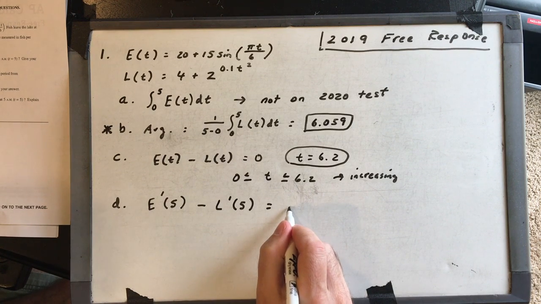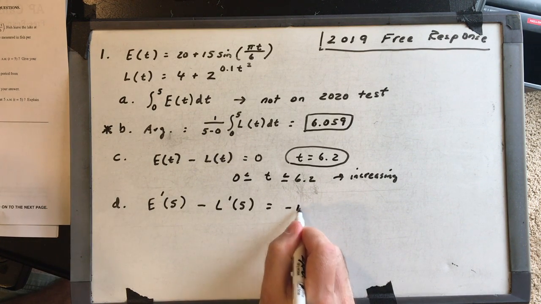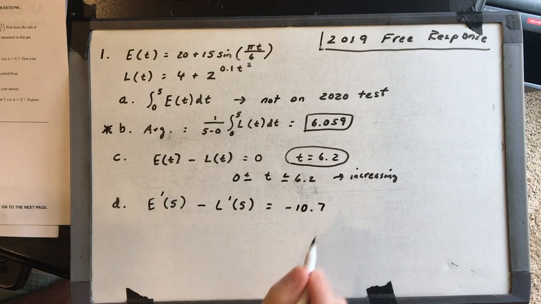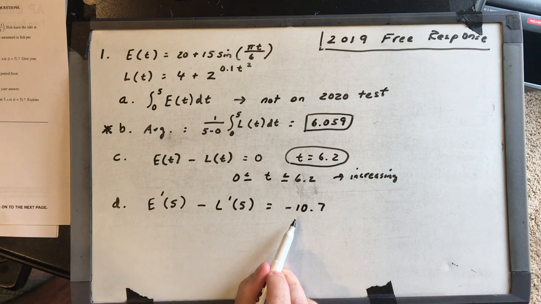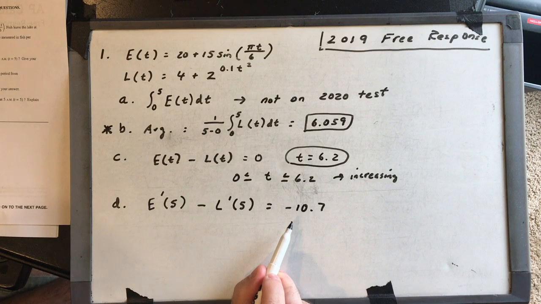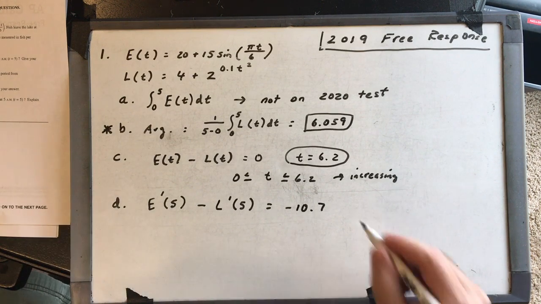It's just going to be an easier function to do by hand. But you'd get minus 10.7. So that means the rate of change, if it's negative, then it would be decreasing.